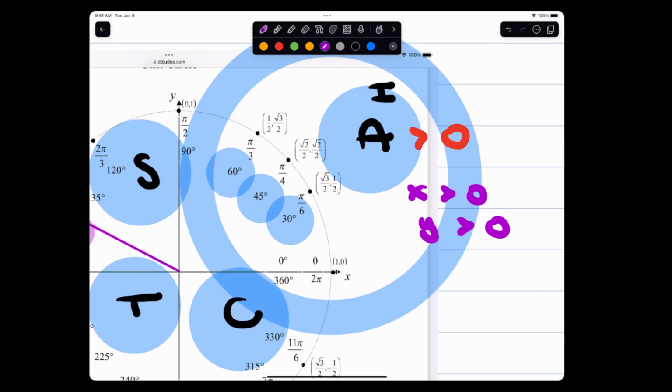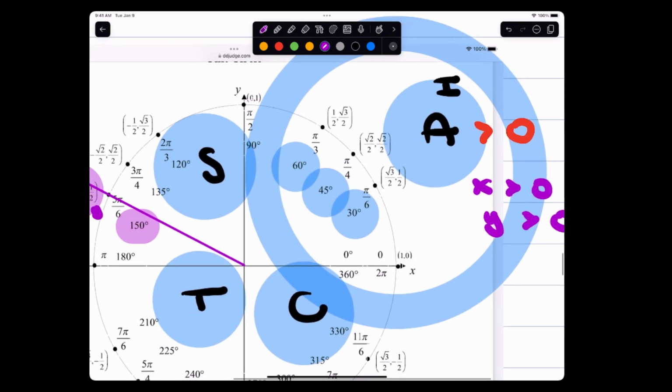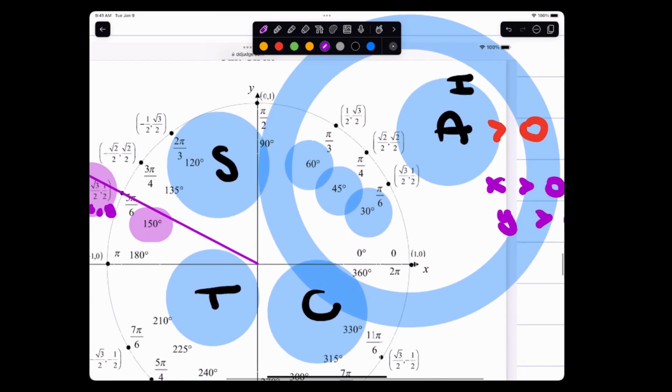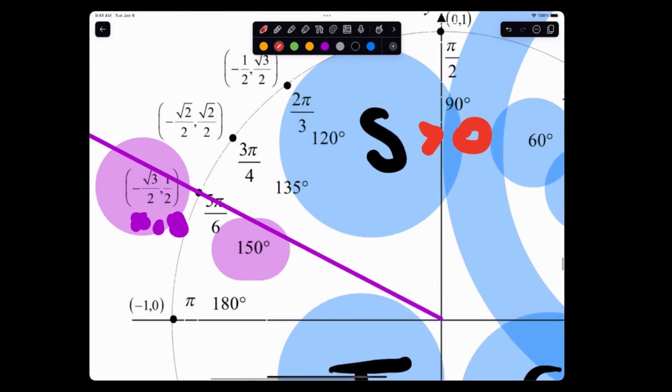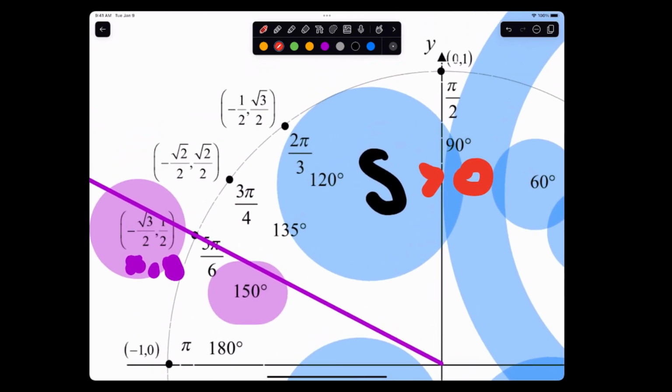Okay, you guys okay with that? Well, you say, what does the S stand for? Well, it's all students, but it really means sine is positive only in quadrant 2. Now you might say, why? Well, isn't sine the y coordinate values, right? So notice this: y coordinate, y coordinate, y coordinate.